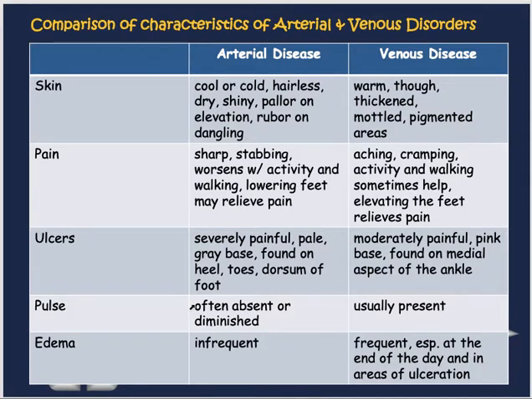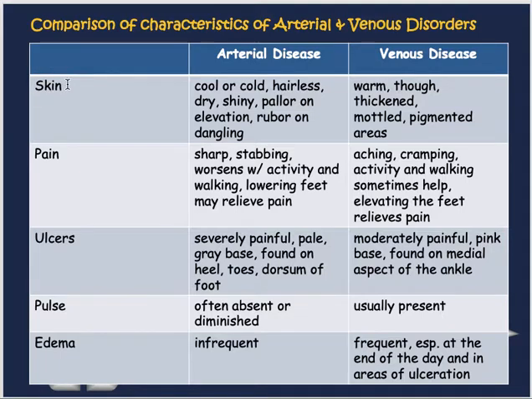Okay, you can see these are the common comparisons of characteristics of arterial and venous disorders. So now all the things which I told you, you will find most of them over here. This is for arterial conditions. These are for venous diseases. So what do we see in the skin?